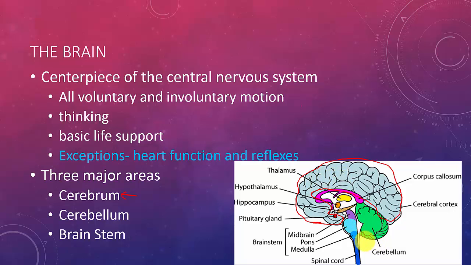Then we have the cerebellum, which this particular picture doesn't get into too great a detail, but in other pictures and in real life, it actually looks a lot more like a tree. This will be the branches of the tree, and it'll kind of spiral into a trunk. The cerebellum itself then also extends into this middle part here.